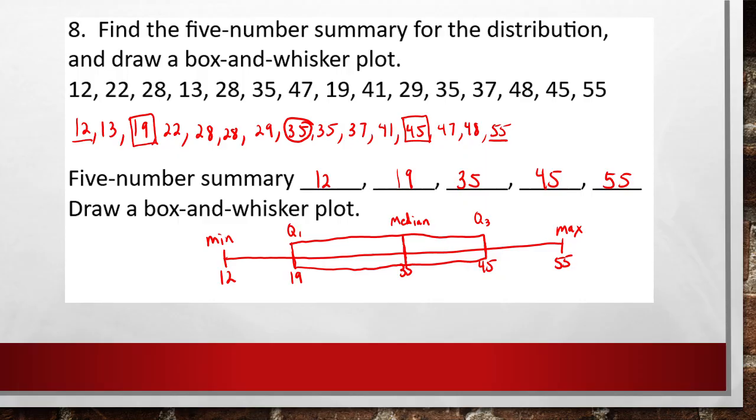So it shows the majority of our scores are between the 19 and the 45, but we go as high as 55, that's our max, and we go as low as 12. So then they call this the box and whiskers. Here's the box, and think about cat whiskers going out to the side.